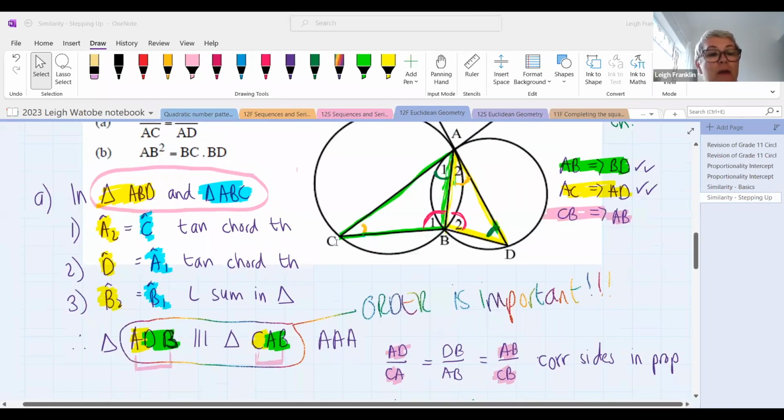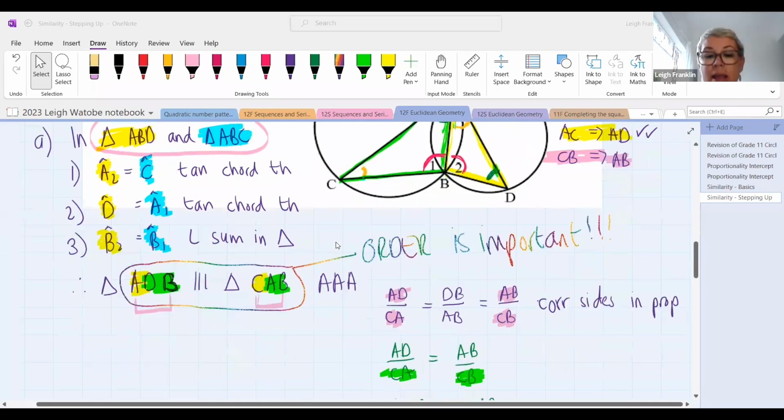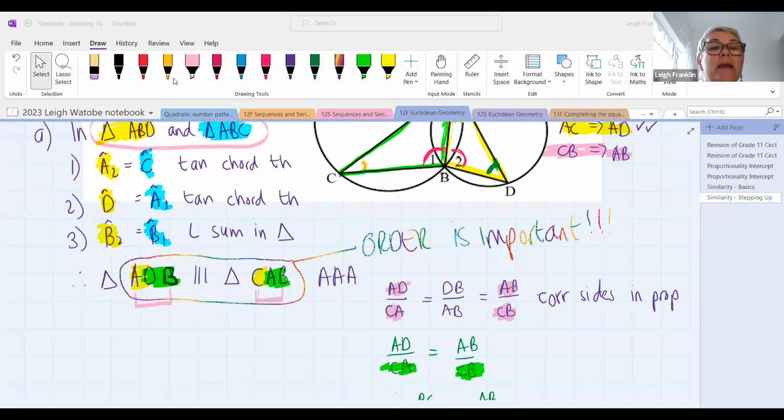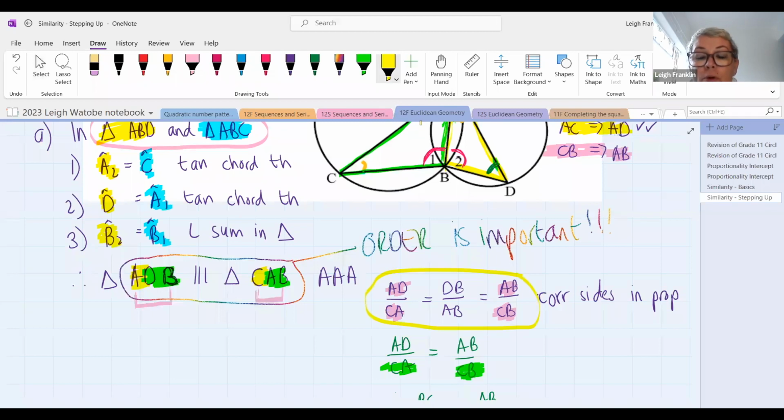Now they want AB squared. AB squared means AB times AB. If we go back to this original thing that we wrote, we're always referring back to this. There's AB and there's AB.